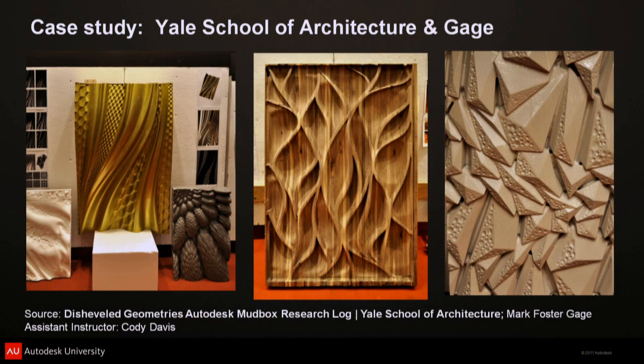So here's some of the results here of some of the student work, the actual scale installations here, printed in a variety of different materials. And this was right out of Mudbox into a milling machine where they were able to mill out these structures and put them on display and use them for different exhibits.